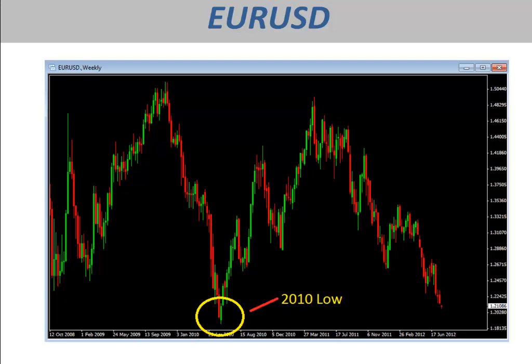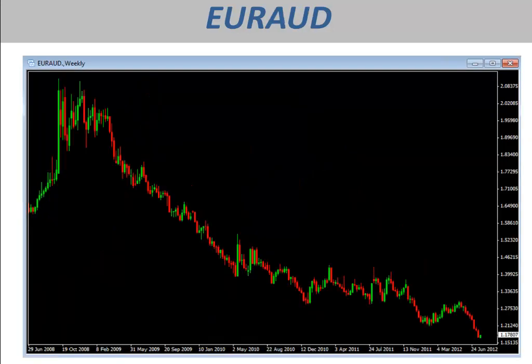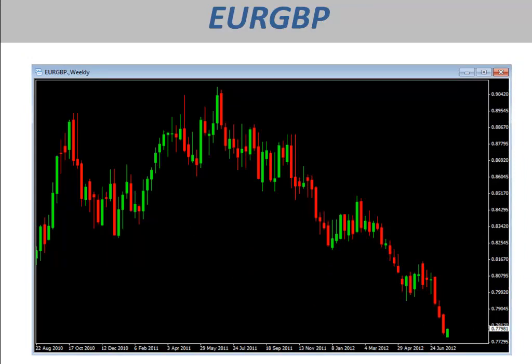If you look at the euro dollar itself, we don't see this massive rotation out of the euro towards the dollar, because it's still above its 2007 lows. But if you look at other crosses, you'll see that this exit from the euro has been going on for quite a while, and it never really recovered after 2010 against other currencies.